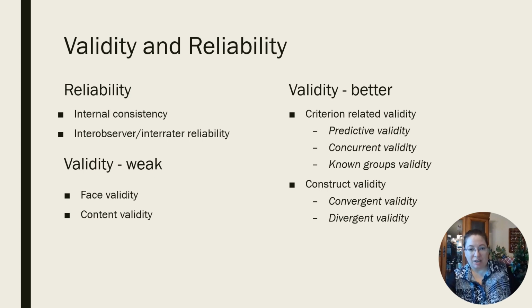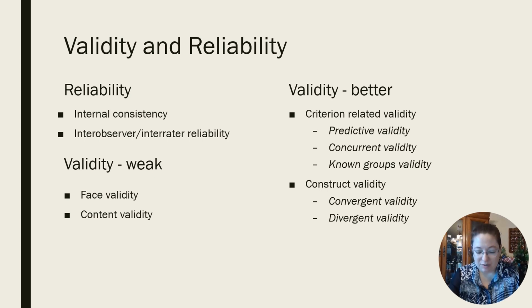So with the concurrent validities, the ones right here, like predictive, concurrent, known groups validity, we're looking for some kind of regression model, and we'll learn about regressions in a few weeks.